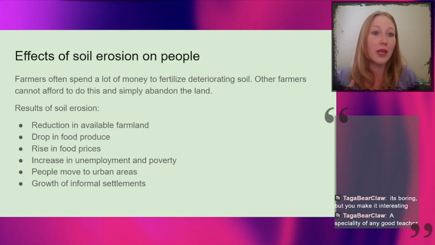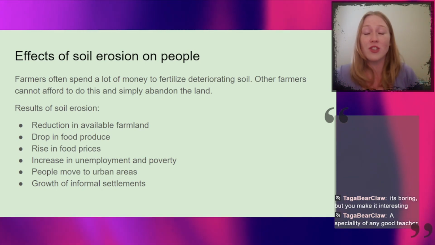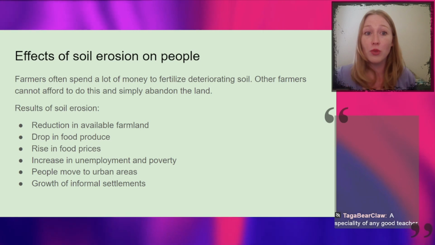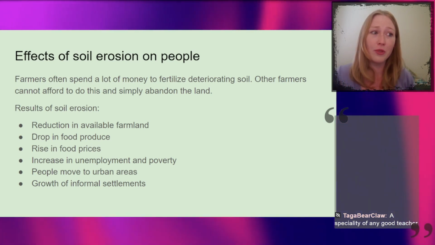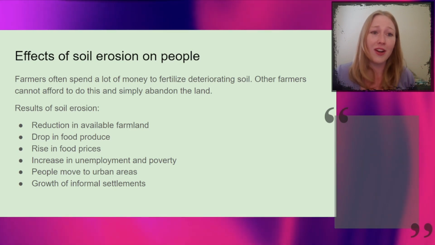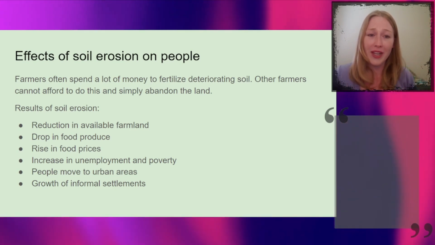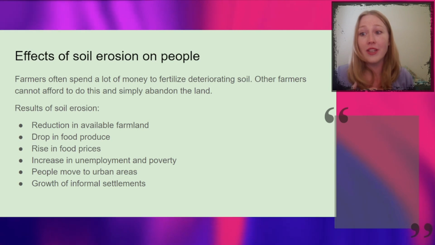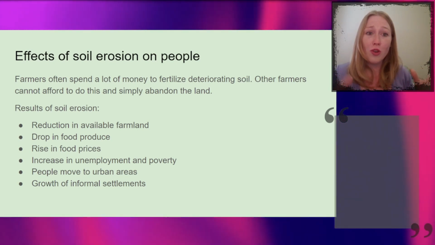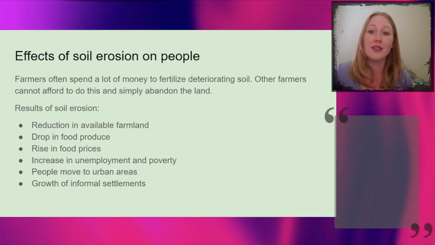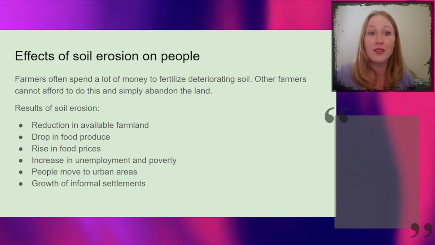We have people maybe moving to urban areas because there's no jobs available for them in the rural areas. And if we take South Africa as an example, our cities are doing a lousy job at supporting all the people that are living in those cities. And that is why so many people in South African cities live in informal settlements.